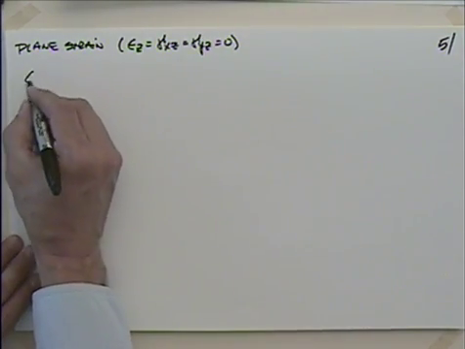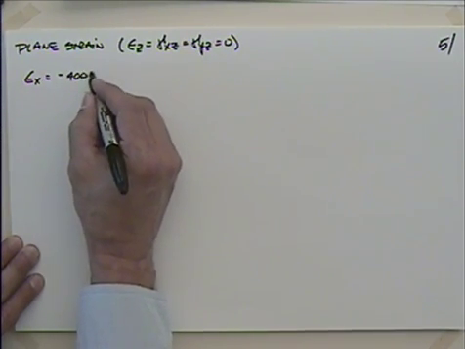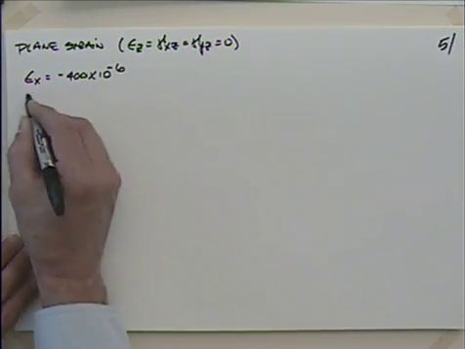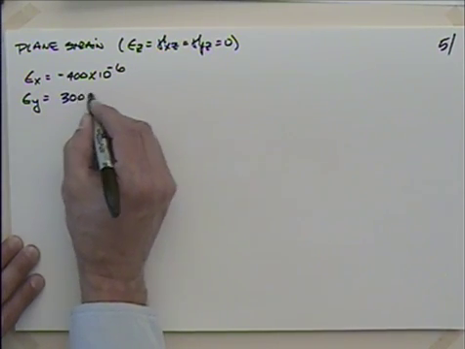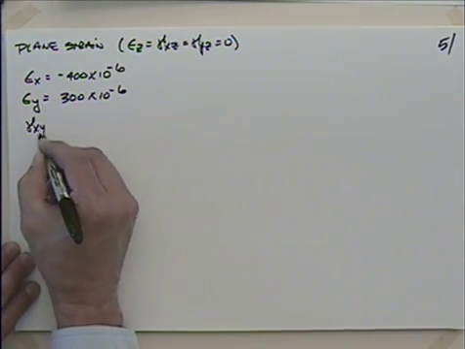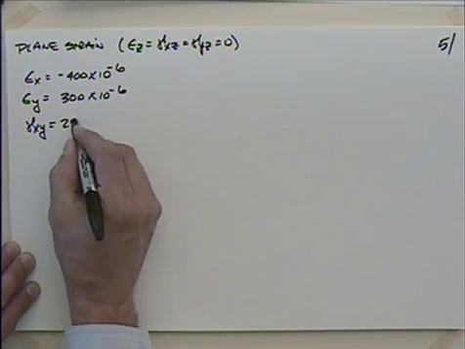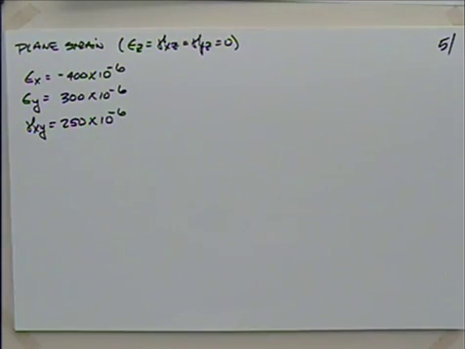We're given that epsilon x is equal to minus 400 times 10 to the minus 6, epsilon y is equal to a positive 300 times 10 to the minus 6, and gamma xy is equal to 250 times 10 to the minus 6. Remember, these are unitless, typically very small numbers.